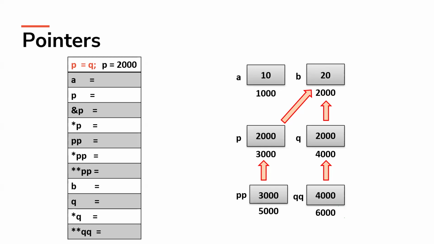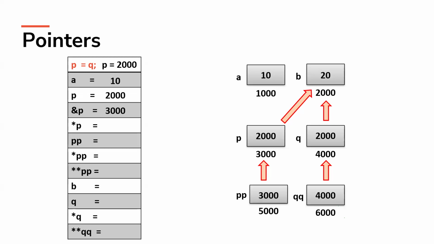Very good. P is 1000 by the way here. A is 10. What is P? P is 2000. What is ampersand P? 3000. Very good. What is star P?